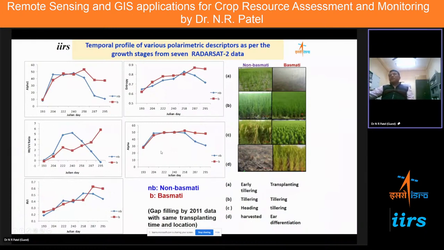Using this, we were able to classify non-basmati and basmati. Also, you can understand the stage of how the crop is developing. So with multi-date data, you can get information about phenological stages, the crop growth stages, as well as the crop type.